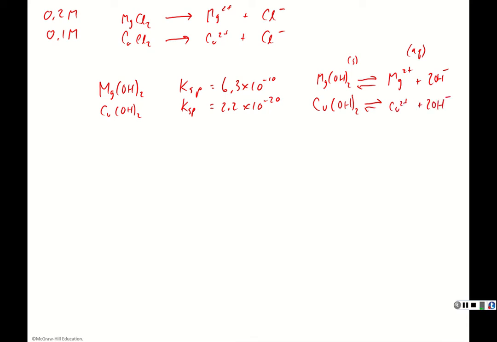So we can write our expressions for KSP or QSP. They'll both look very similar. The metal ion concentration multiplied by the OH minus concentration squared. Okay, so that'd be magnesium and copper, it's going to be the same, except now you're replacing that with copper 2 plus concentration. Okay, so we can solve for OH minus in both, that concentration.